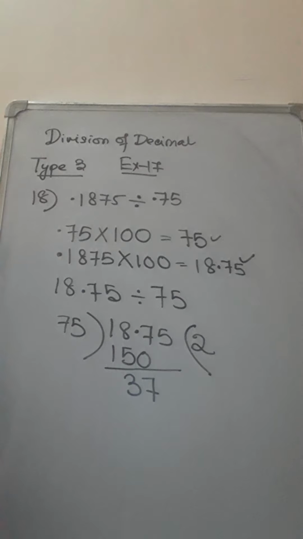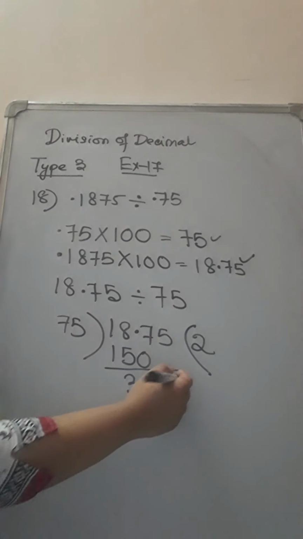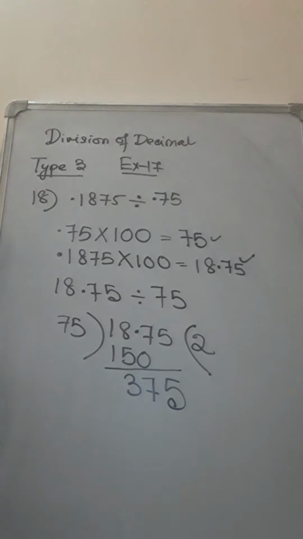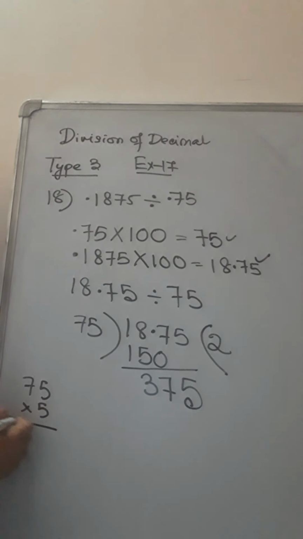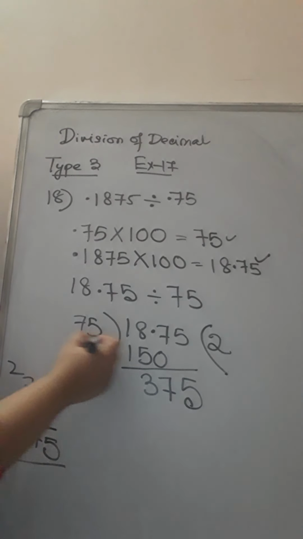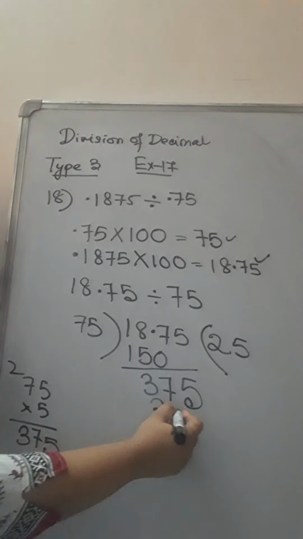Then 37 is a number which is below 75, we cannot divide, so we have to take the remaining number over here, that is 5. So 75 into 5 we can try, because the last digit 5 is there, so we get last digit 5 in the table of 5. So 75 into 5 we will do, it is coming 375.